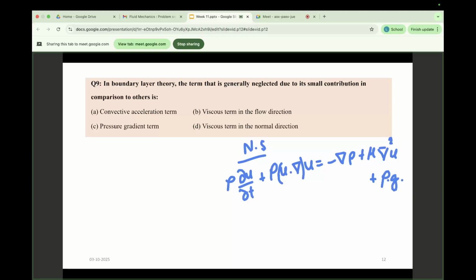So this is the Navier-Stokes equation. Okay, you remember this term. In this, this is the pressure gradient term. This is the viscous term. This is the convective acceleration term. So these three terms they're talking about. So which one should be negligible?